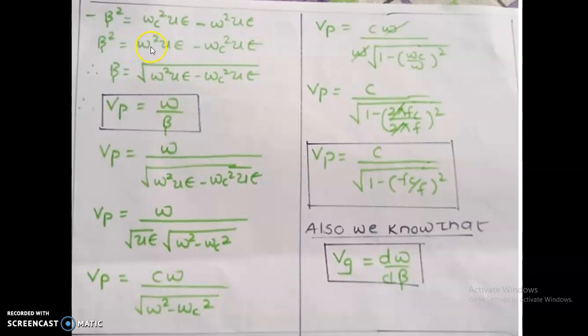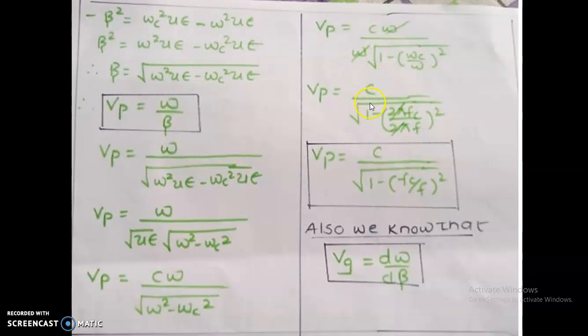Now the main goal here is to find beta only. Why? Because the phase velocity is nothing but omega by beta. So you substitute beta. Now you take common root of mu epsilon, which is nothing but 1 by c. So you substitute 1 by c, and then it goes to the numerator, then omega. This time you take omega as common, and omega gets cancelled.